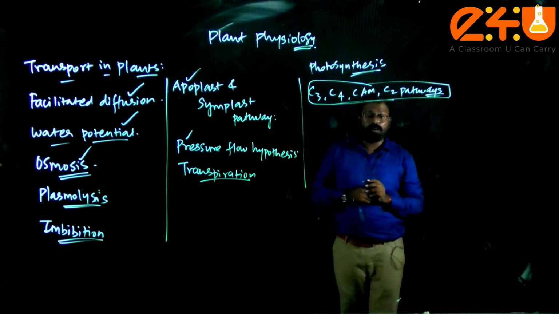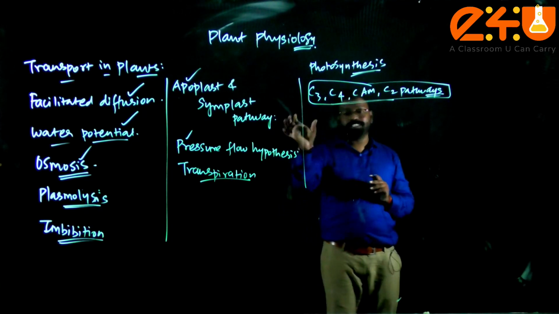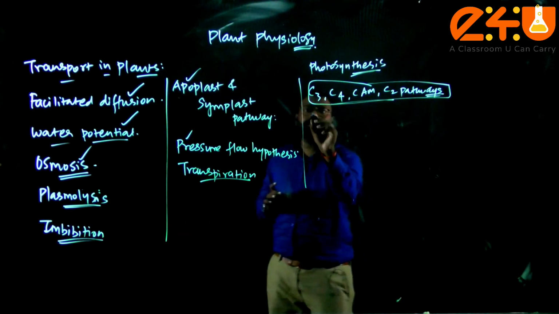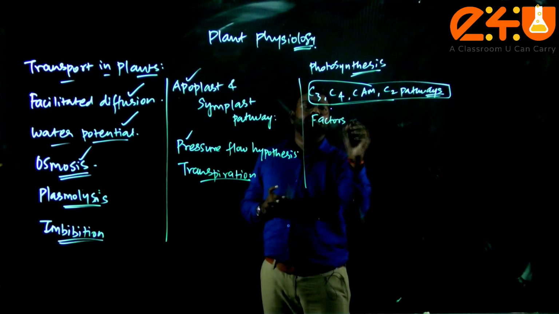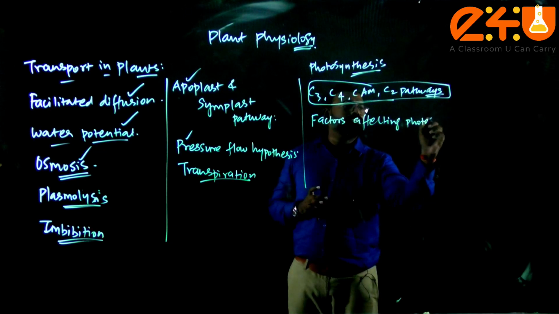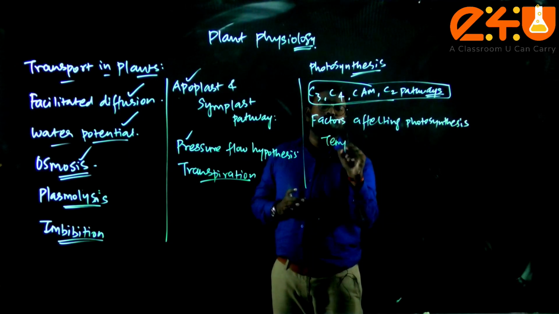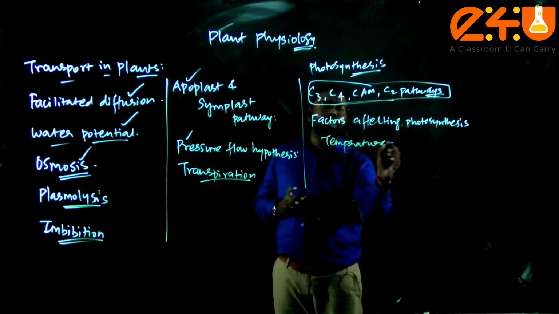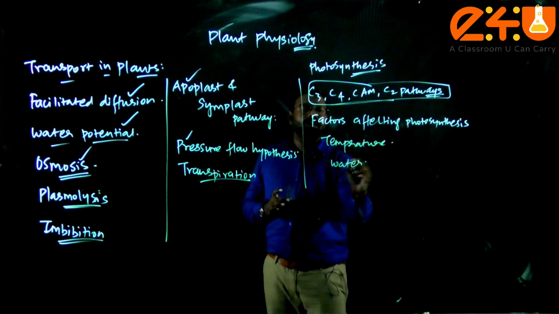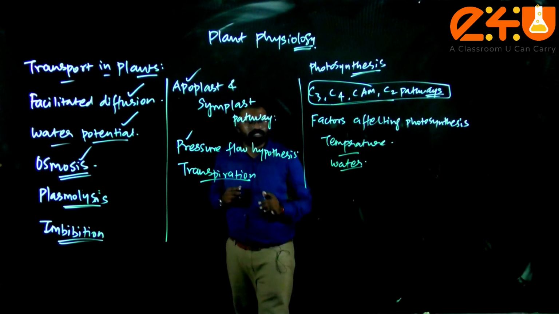When it comes to the context of photosynthesis, that also includes 3 MCQs. So especially these photosynthetic pathways. After that, factors affecting photosynthesis, especially temperature and water. If you focus on this area, that will be better in the context of MCQs in photosynthesis.